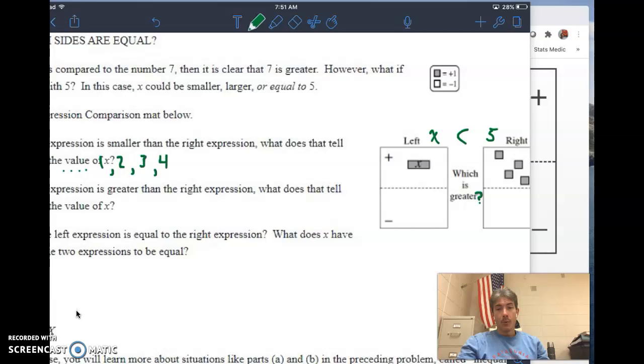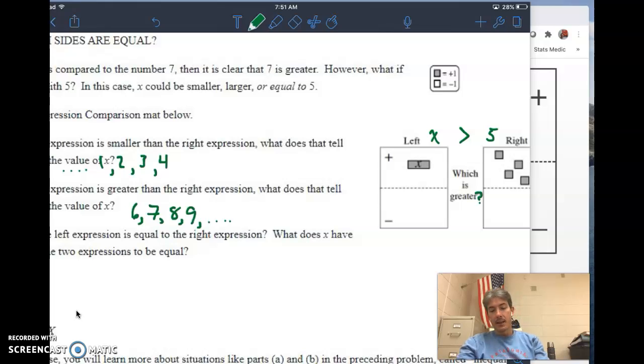What if the expression on the left is greater than the expression on the right? Well, that means that x could be like 6, 7, 8, 9, right? So that given information tells us about possible values of x.